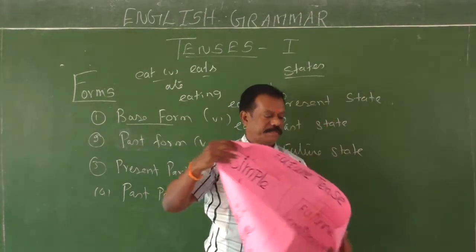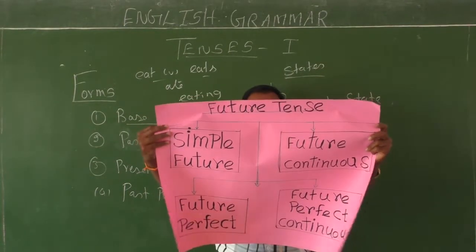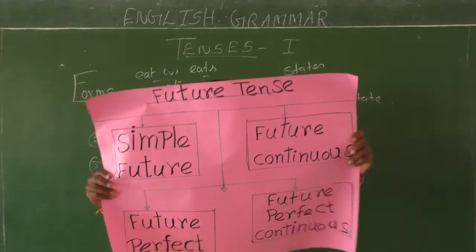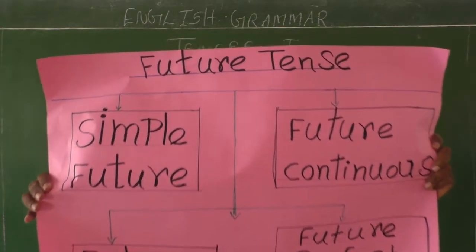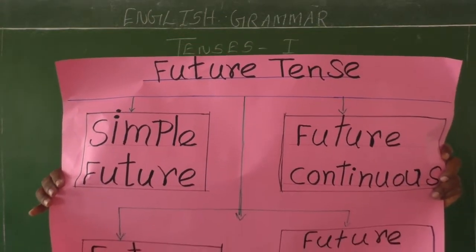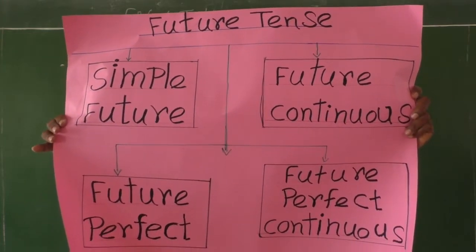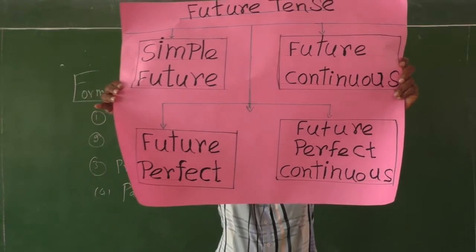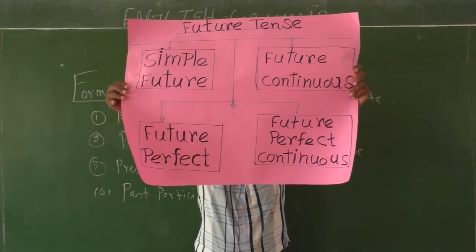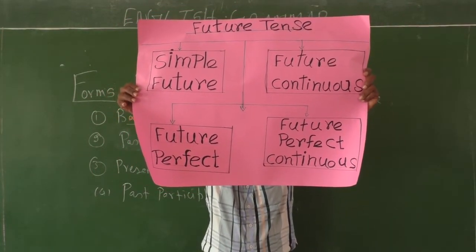Then future tense. See, future tense, we have the same subdivisions and classification. Future tense is divided further into simple future, future continuous, future perfect and future perfect continuous. So here also we have 4 subdivisions.